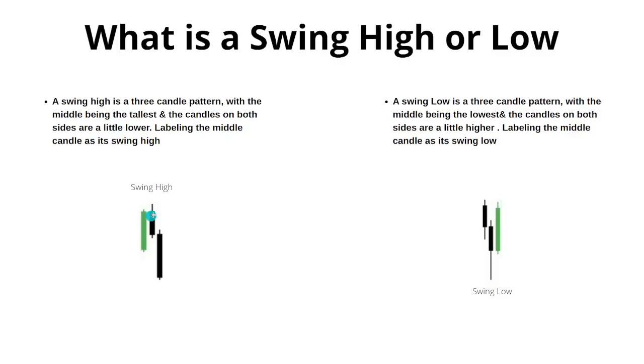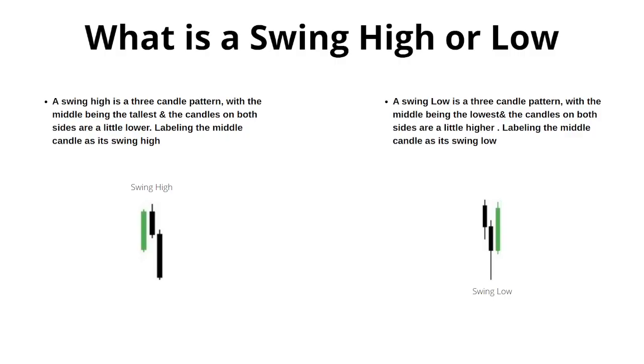It's shorter, taller, shorter, making this the swing high. And it's the exact same thing for a swing low. It's a three candlestick pattern with the middle being its lowest and the two candles on the side are a little higher. This is what created a swing low, and this is what created a swing high. Super easy, three candlestick pattern.